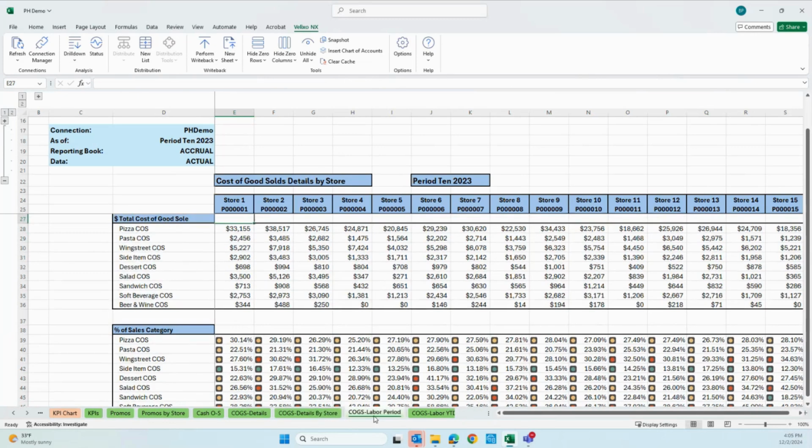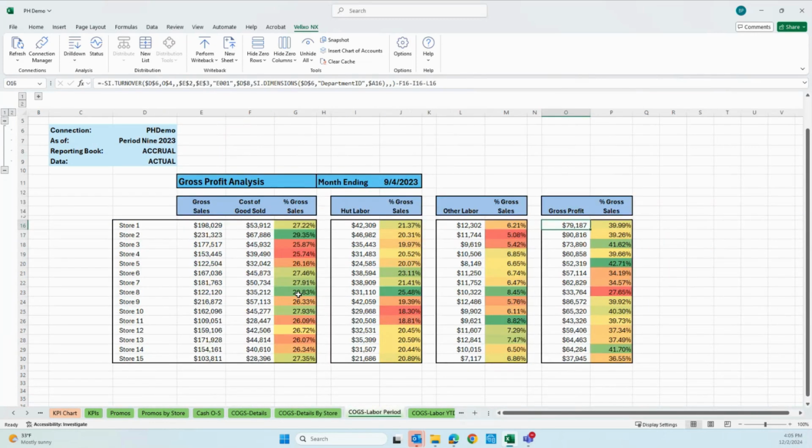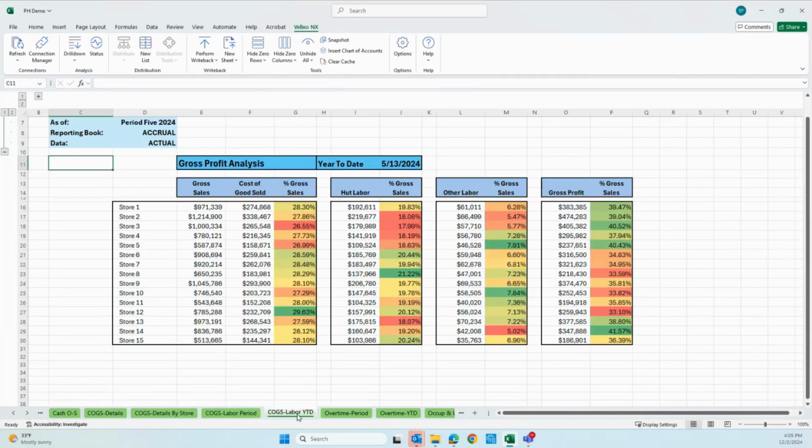Here is a cost of goods sold by labor period, looking at total cost of goods sold, Pizza Hut labor, and other labor against the gross profit. So several things can be done, and then this is by year to date.